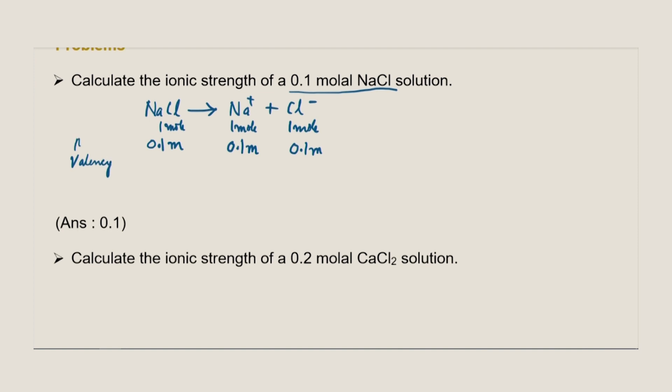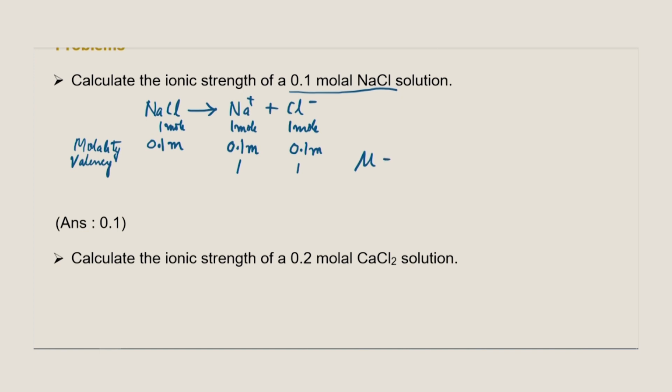So, here we have been expressing the molality and valencies. In the case of sodium, it is unit positive charge, so valency is 1, and that of chlorine valency is again 1. Now, we can calculate the ionic strength.